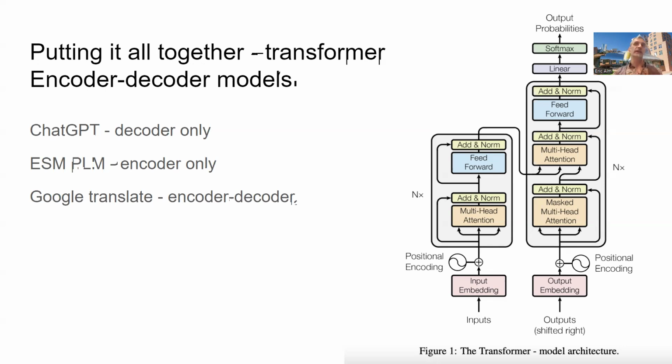No nonlinearity yet. Then we put that through a feed-forward network, where we do have a nonlinearity, like a ReLU gate or something like that. And then we add another one of these residual connections. And all the time we're normalizing, so our mean and standard deviation is the same for all the different residues in our sequence.